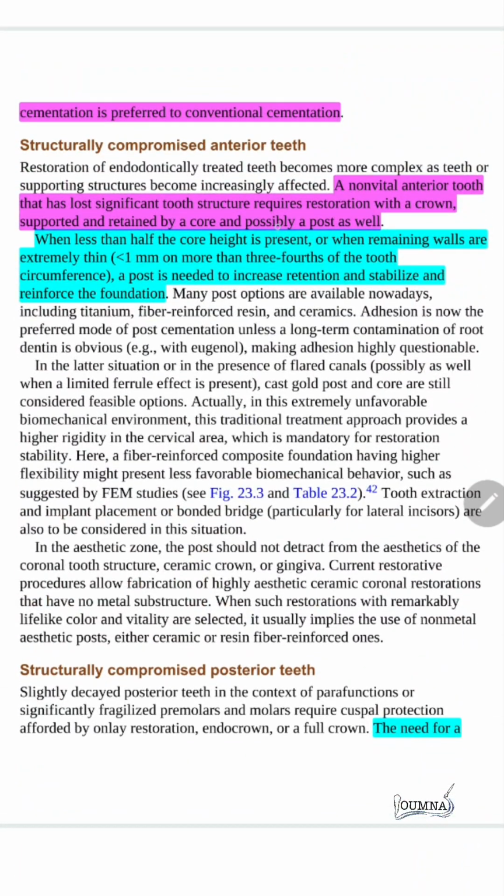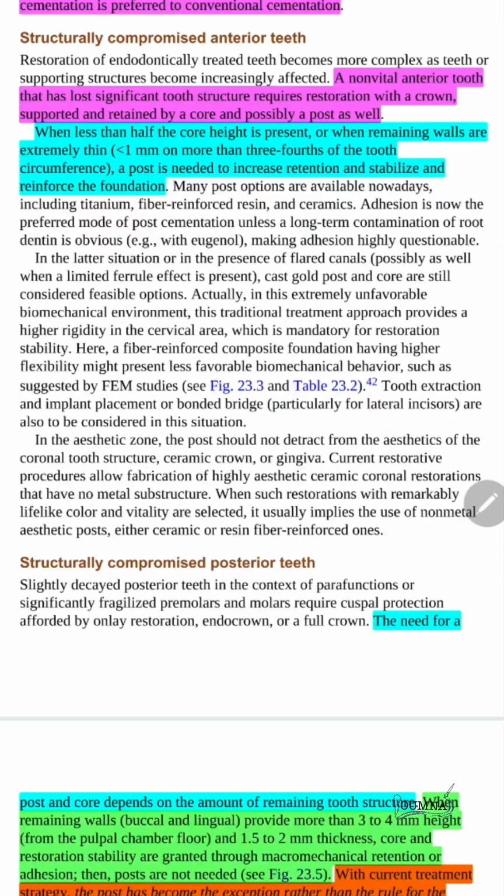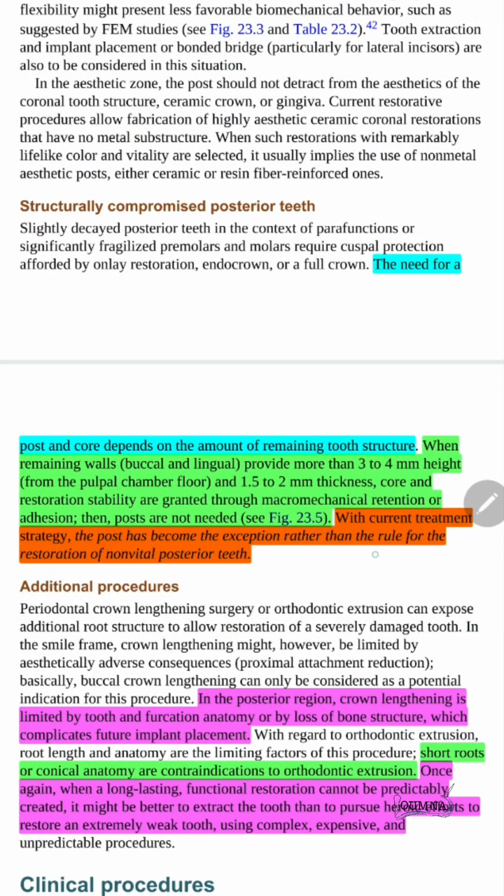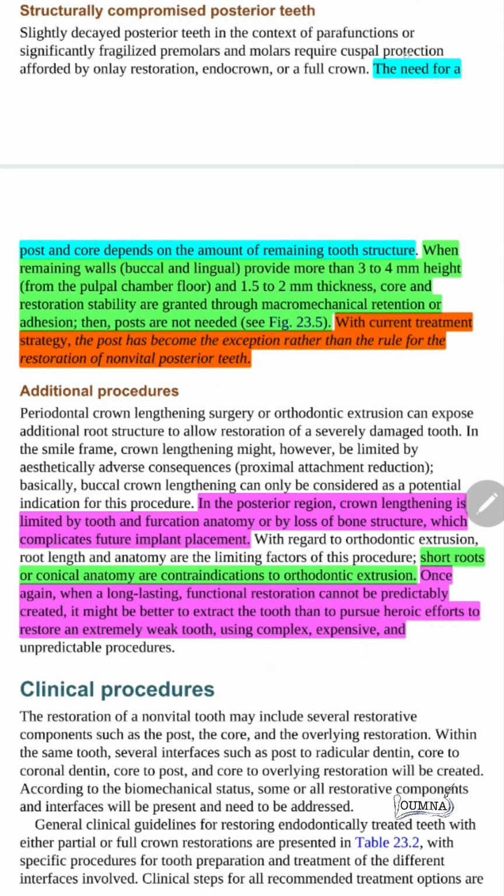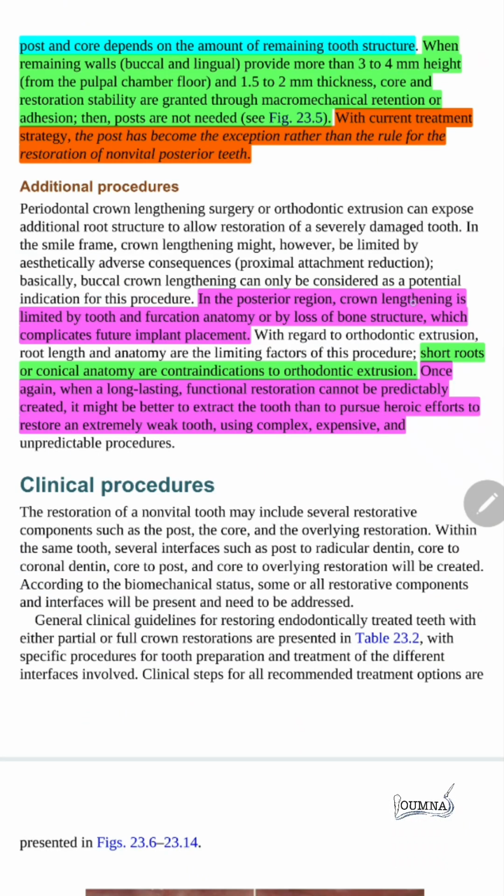But for the anterior teeth, if there is a loss, we need a post and crown. For the posterior, we can retain only with a crown without a post if these two conditions are applied. We can do a crown lengthening in order to increase the height of the crown.